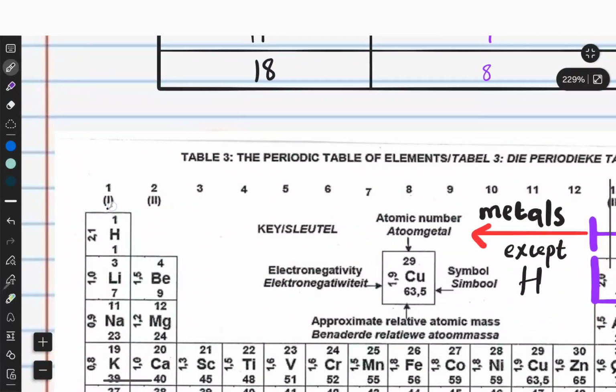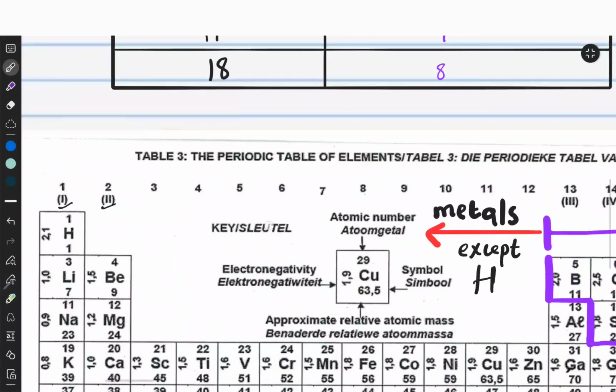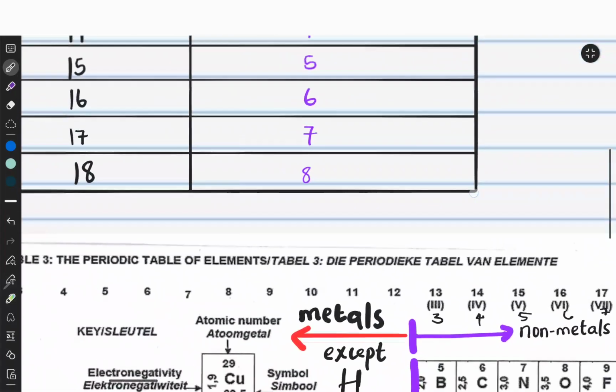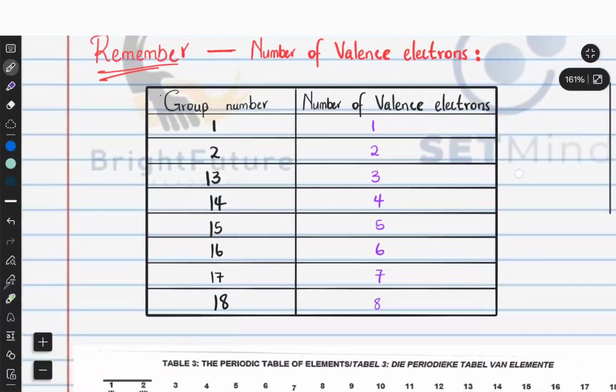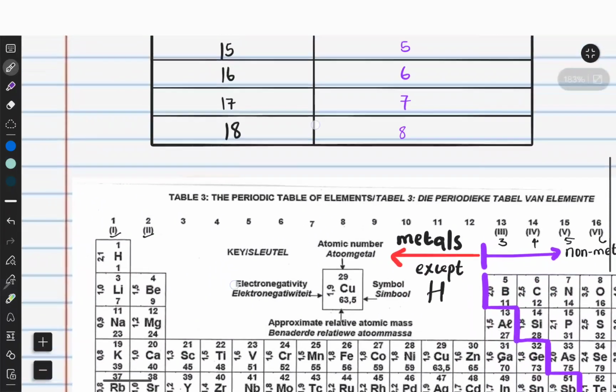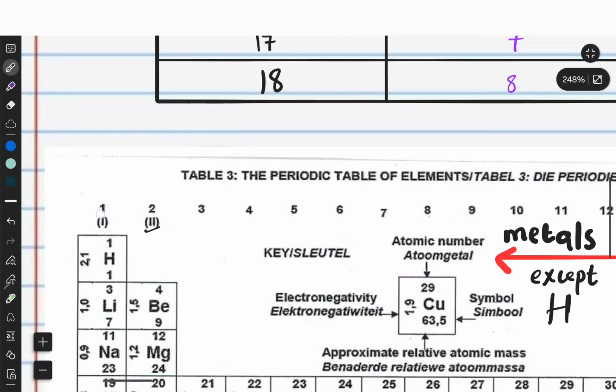If you check these Roman numerals, I, II, and so on, this one stands for 1, this one stands for 2, that for 3, 4, 5, 6, 7 until 8. Okay, those Roman numerals, that's what they stand for. Right, which is the same thing that we've listed here. We have the group number 1. The number of valence electrons is 1, which is represented by this Roman numeral I.